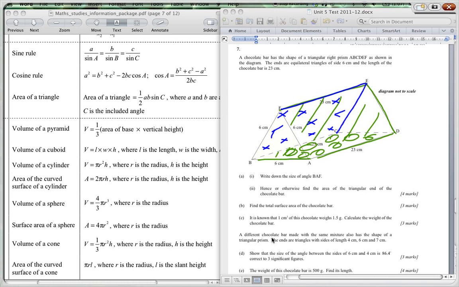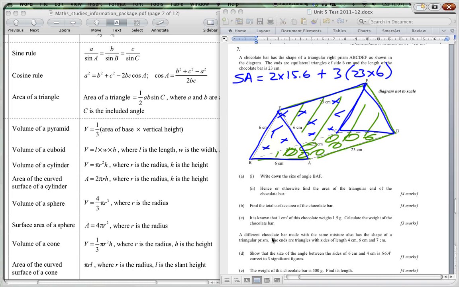So my total surface area will equal 2 times 15.6. That's the two triangular sides, that one and that one, plus 3 times 23 times 6, and that will give me my total surface area. So let's just do that.